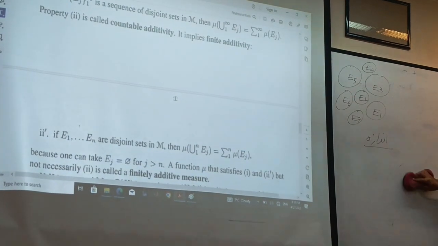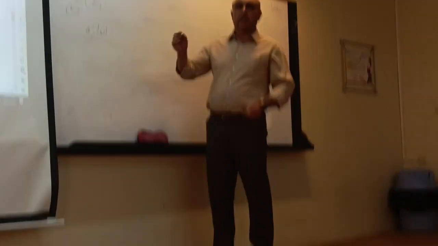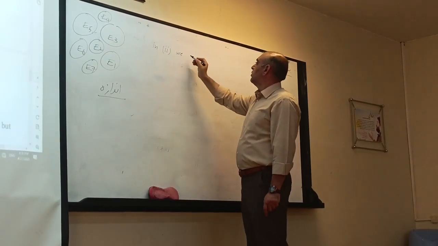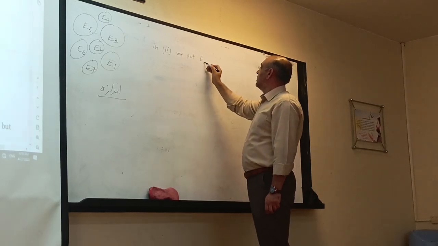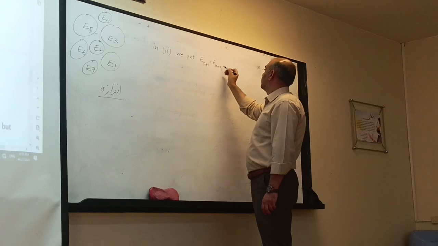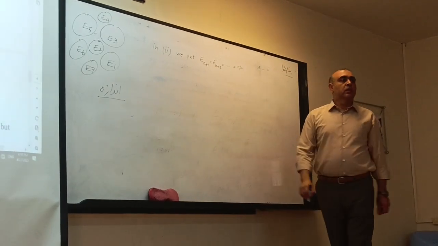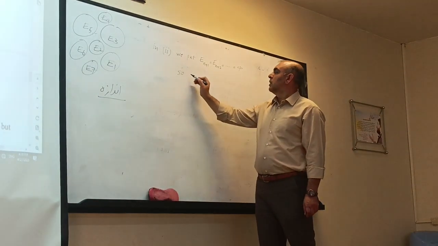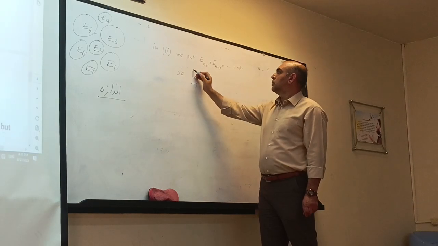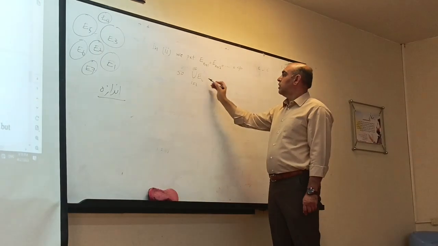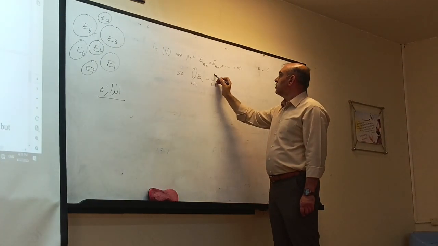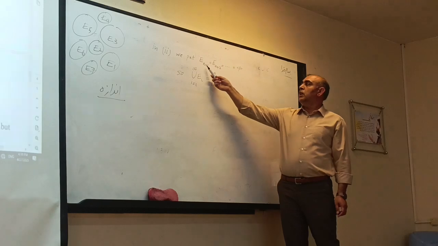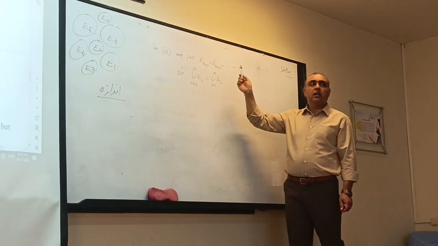In condition 2, we put E_{n+1}, E_{n+2}, and so on equal to phi. So the union from 1 to infinity of Ei is equal to the union from 1 to n, because E_{n+1} is phi, E_{n+2} is phi, and so on.